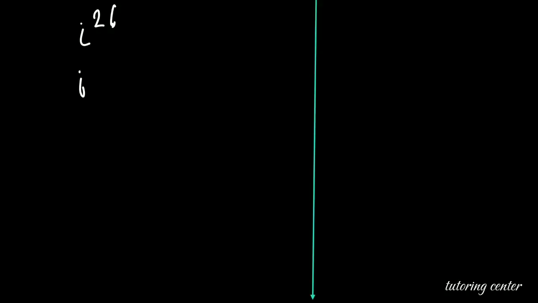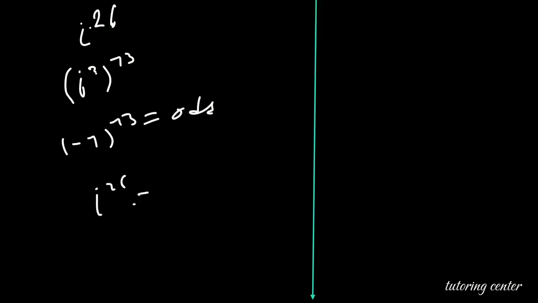For even powers of i, we factor out i squared first, and then what is left is 13. i squared is negative 1, so we have negative 1 to the power 13. 13 is an odd number. It therefore means i to the power 26 is equal to negative 1.